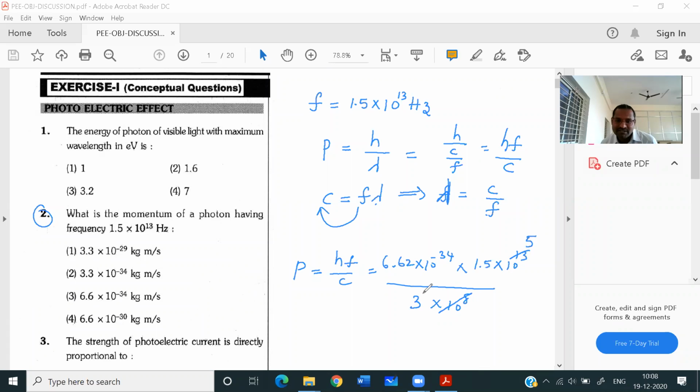And 3 divides into 15 as 0.5 times. So your momentum comes out to be 6.62 into 0.5 into 10 to the power of minus 34 plus 5, which is minus 29.